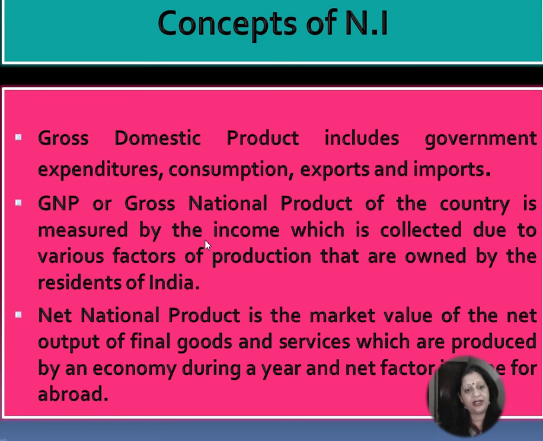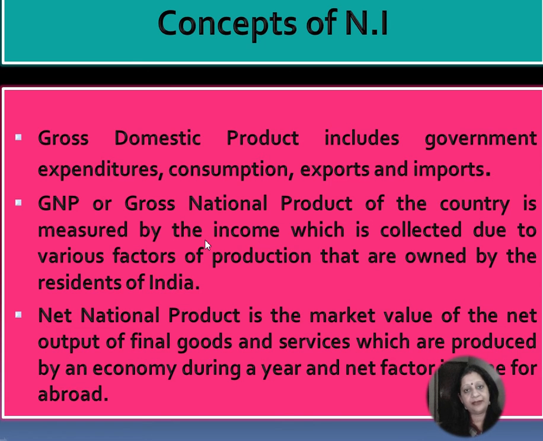Gross national product or GNP of the country is measured by the income which is collected due to the various factors of production that are owned by the residents of India. Net national product is the market value of the net output of final goods and services which are produced by an economy during a year and net factor income from abroad.